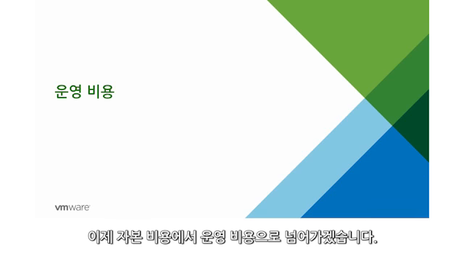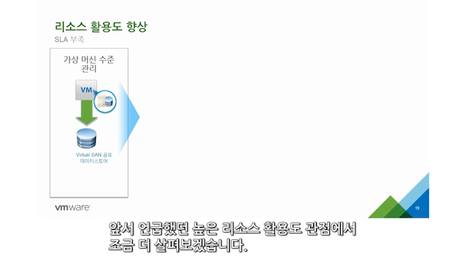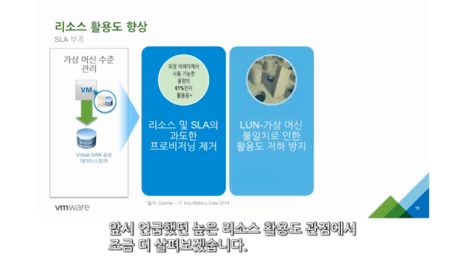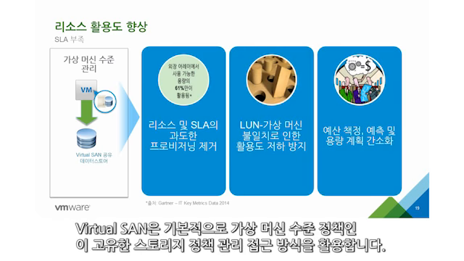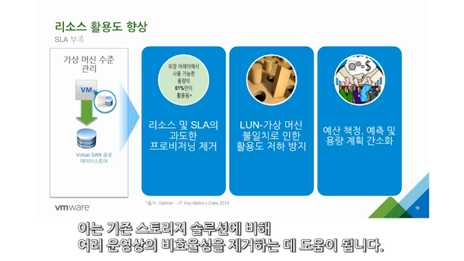So switching gears now from CapEx to OpEx. Let's take a look a little bit at the higher resource utilization point that we mentioned earlier. vSAN takes advantage of this unique storage policy management approach that we talked about, so basically VM level policies, and this helps eliminate many operational inefficiencies compared to a traditional storage solution.